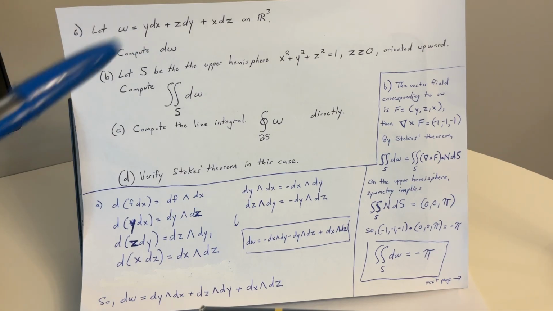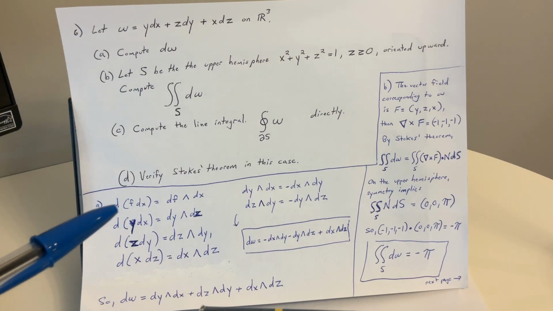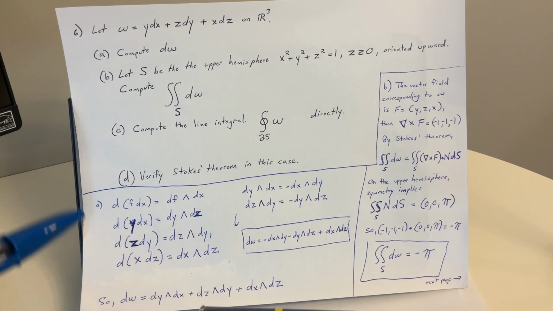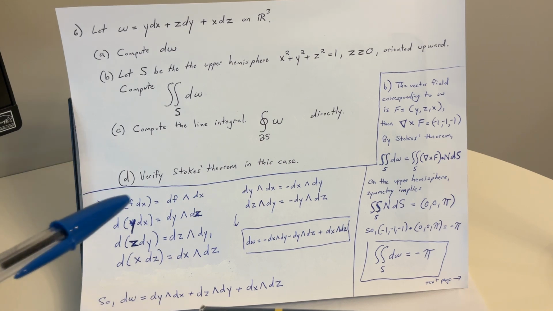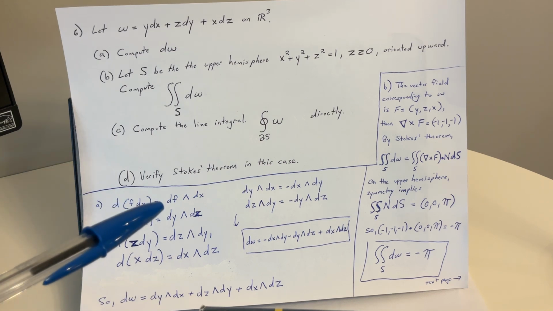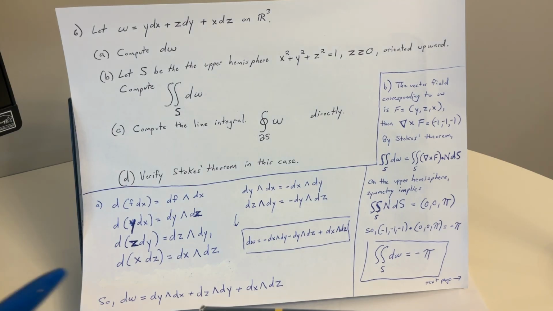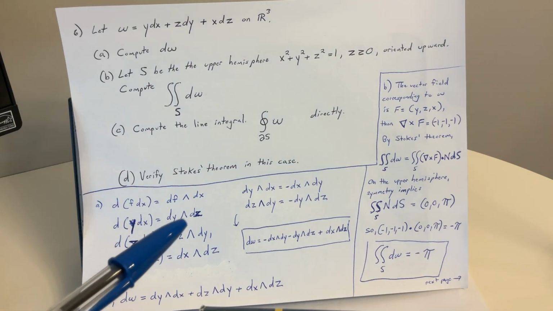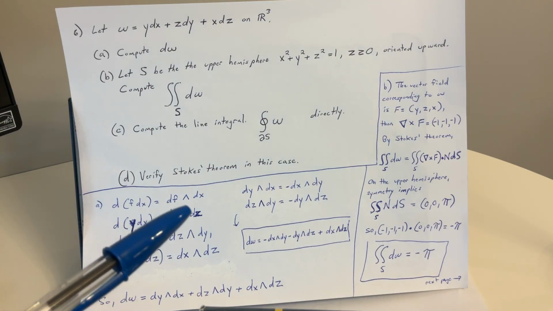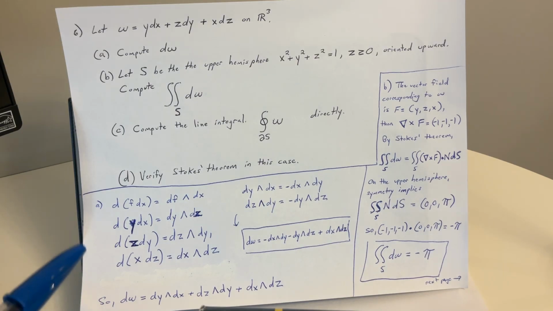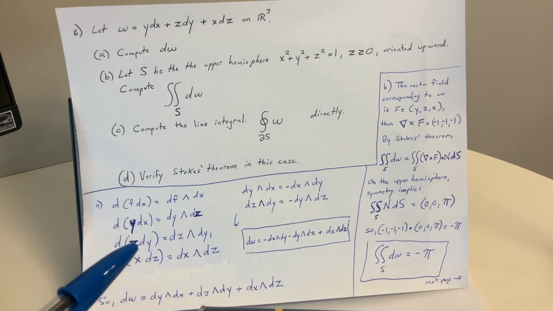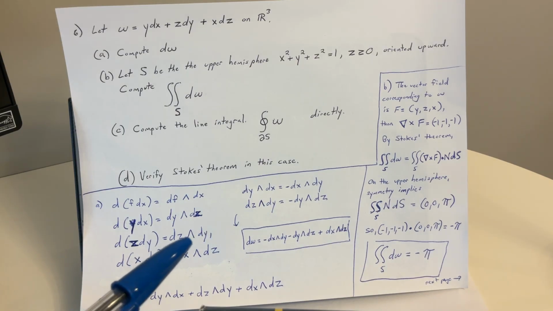So we have d of f dx, df wedge dx. D of y dx is dy wedge dx, wedge product of. D of z dy, that's dz wedge dy, and d of x dz, dx wedge dz.